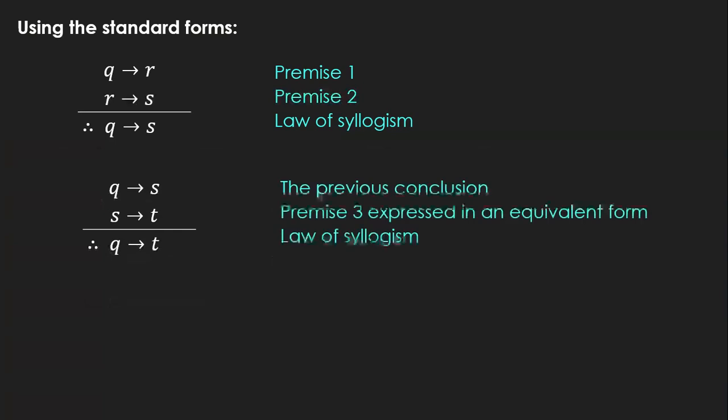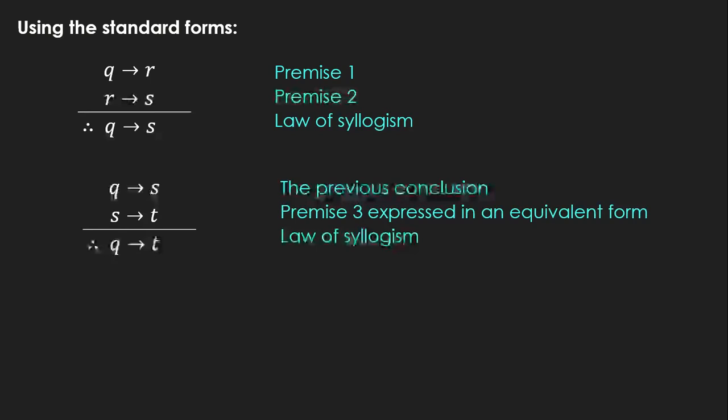Now, here, by equivalent forms of the conditional statement, or by contrapositive, we can write the negation of T implies the negation of S into the form S implies T. Kumbaga, tinanggal lang yung negation sa dalawang statement, tapos nag-interchange tayo ng positions ng mga proposition.